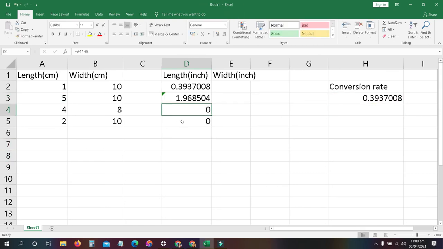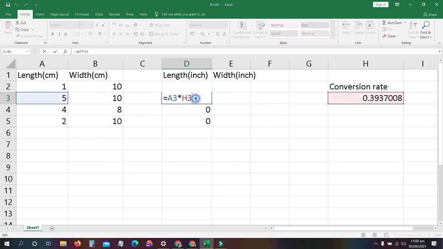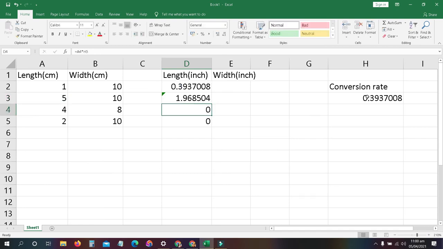Or another option is you just type this one, 0.393, and then apply that one to the rest of the cells. That's possible too, but our lesson here is about absolute reference.